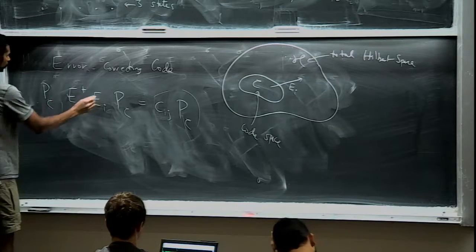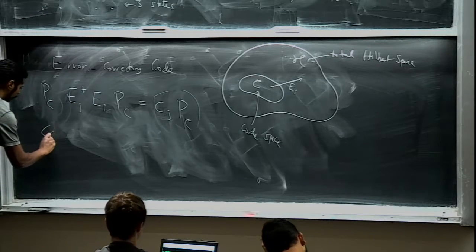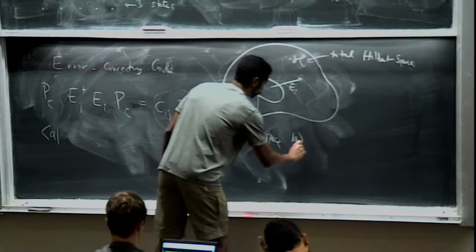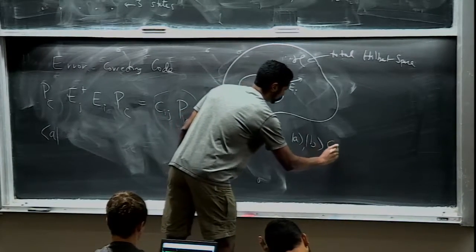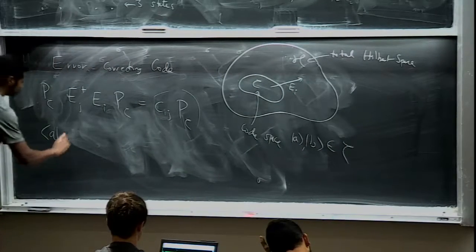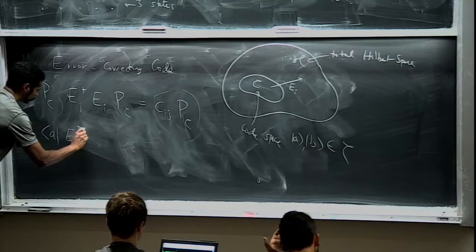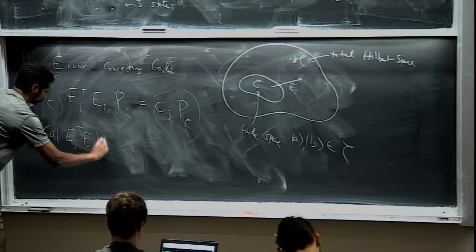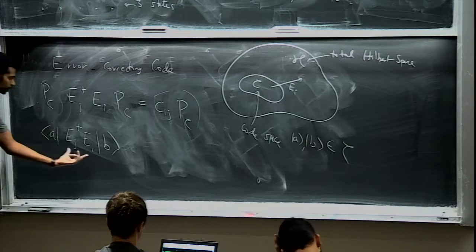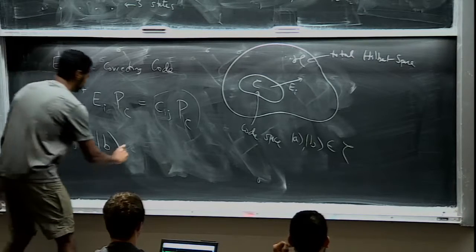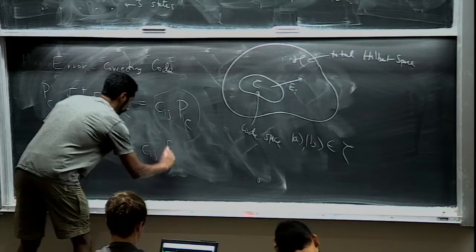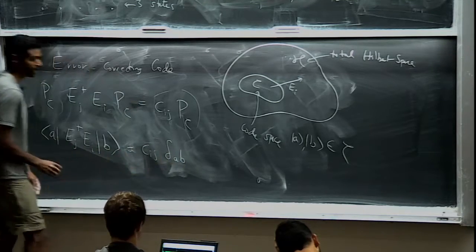In particular, what this is telling you is that if you have some states, so let's say A and B are sitting inside this code subspace, then if I consider this matrix element, this is equal to Cij times delta AB.